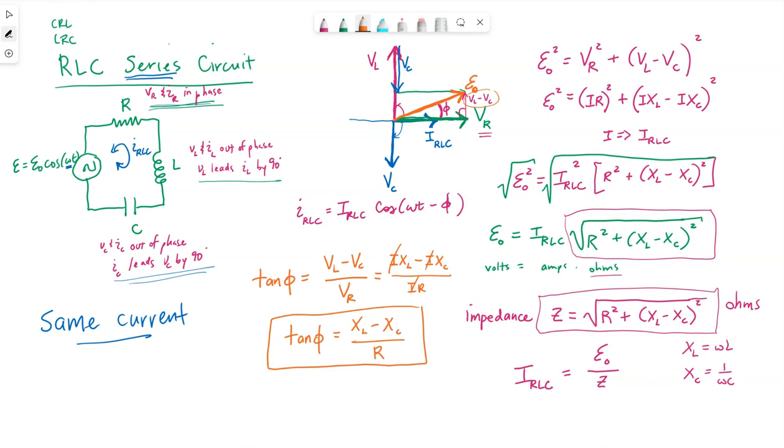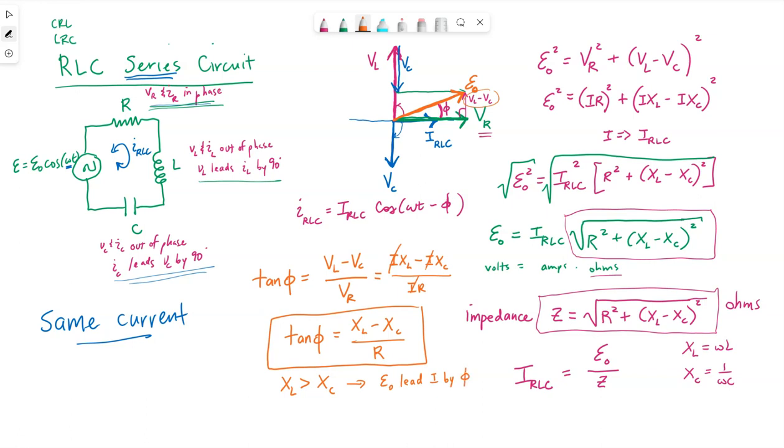In this diagram, I did choose to make VL, the maximum voltage drop across the inductor, larger than that for the capacitor. And that is why we got a voltage leading the current by phi.